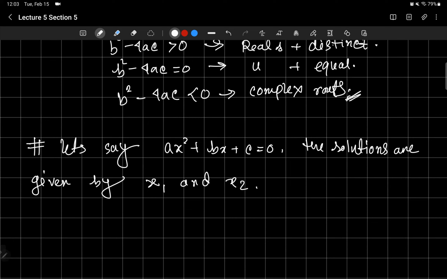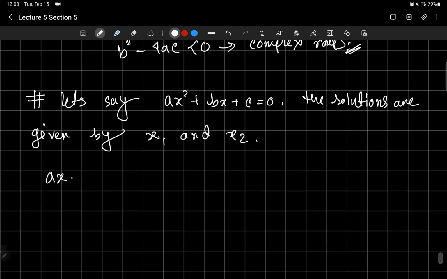What we can do in that case is write this x squared plus bx plus c as x minus x1 times x minus x2, and this is equal to 0. Why?